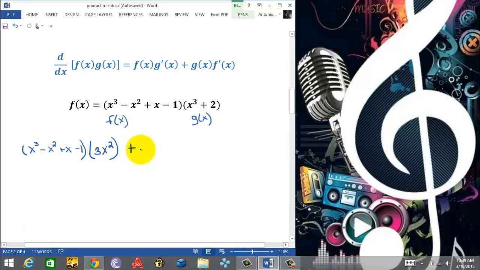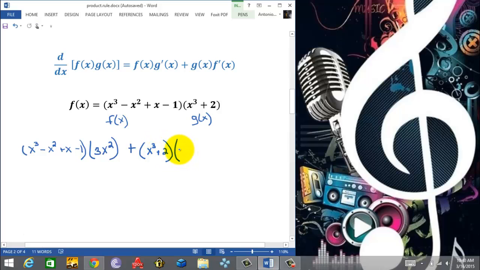Okay, so let's continue. Now I wrote plus because there's a plus here, and now it's g of x, which is right here, and it's times the derivative of f of x. Now here's f of x. Okay, so it looks like this. So g of x is x to the third power plus 2. And now this is the derivative of f of x, which we'll be using the power rule of calculus to pick apart these derivatives.